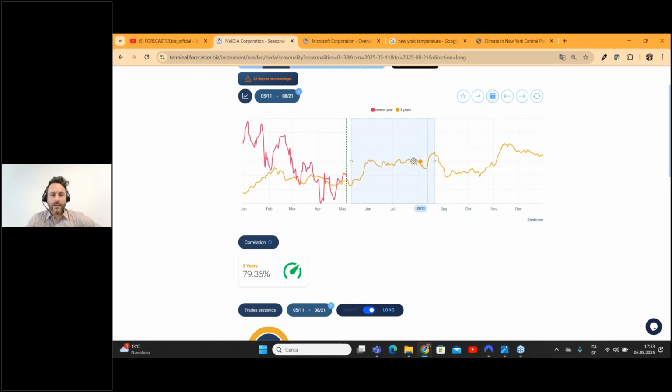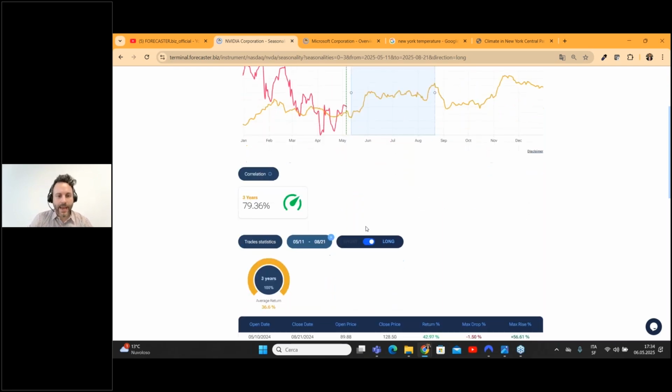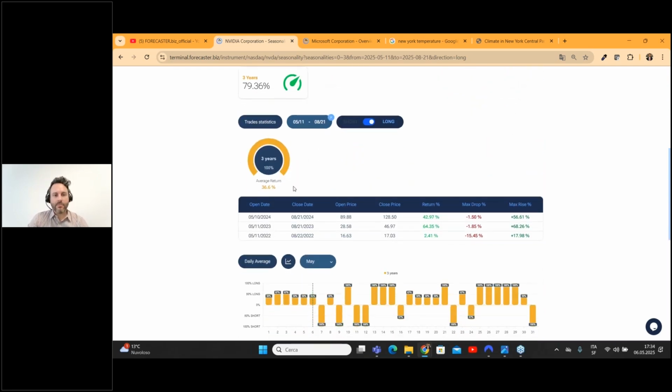In this case, if we go here, we can find that starting from next week, we can expect a rise in price for Nvidia of 36%, okay? On average, of course.